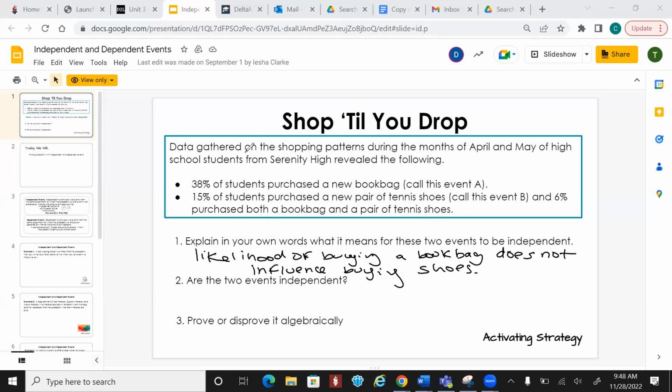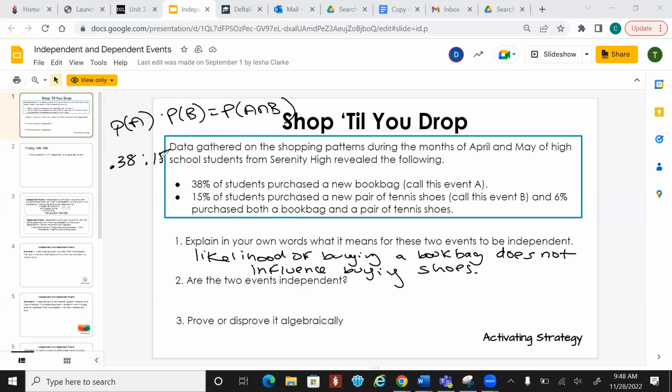So when we find independence, what is the formula for that? Okay, cool. So we're going to take 0.38 and multiply it times 0.15.